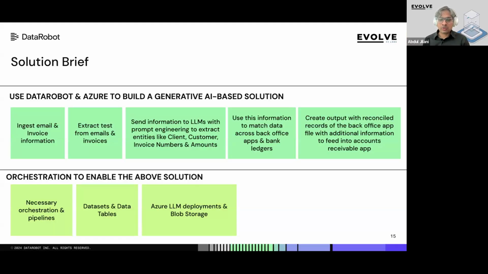So, at a very high level, the DataRobot piece of the solution has to ingest email and invoice, then extract data from this, sort of like OCR from the PDFs. Then once we have the text, send it to an LLM. Use prompt engineering to extract data from unstructured data and convert it into structured data.